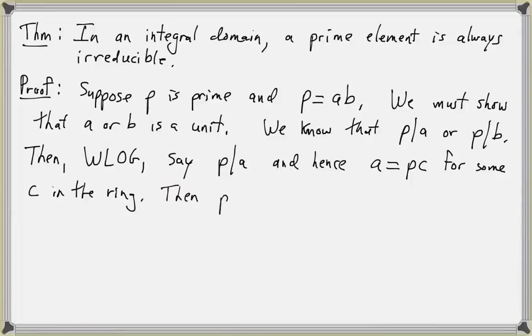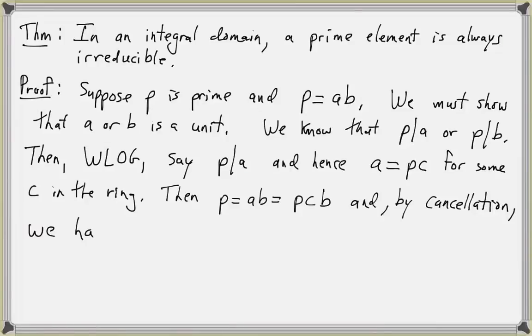Then P is A times B, but I can write A as P times C times B. And by cancellation, we have 1 equals C times B. So thus B is a unit.